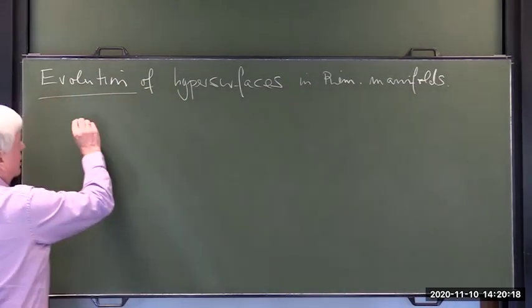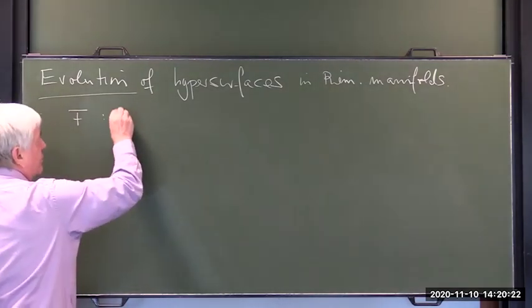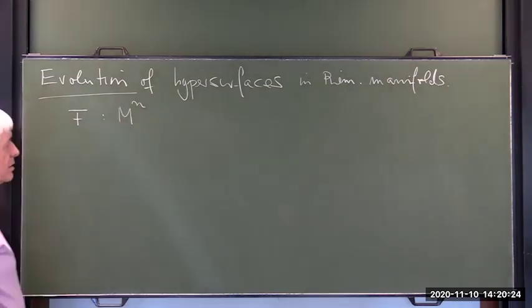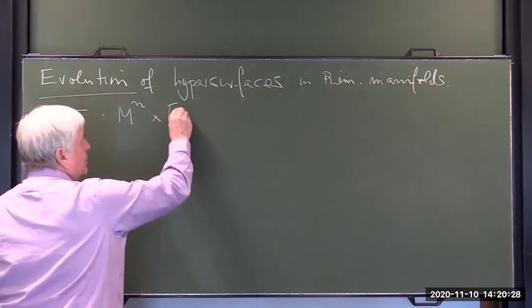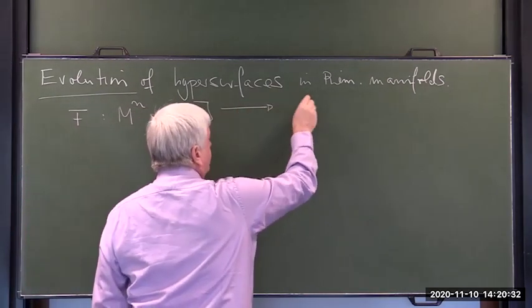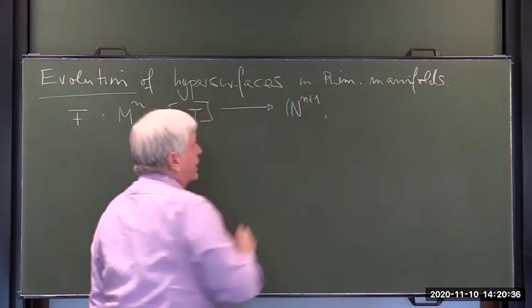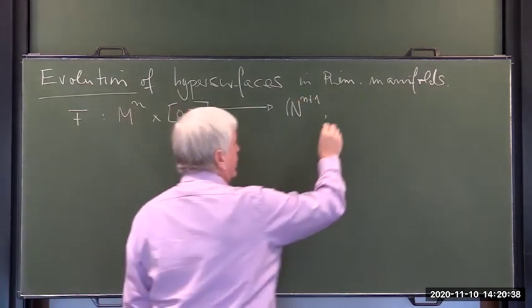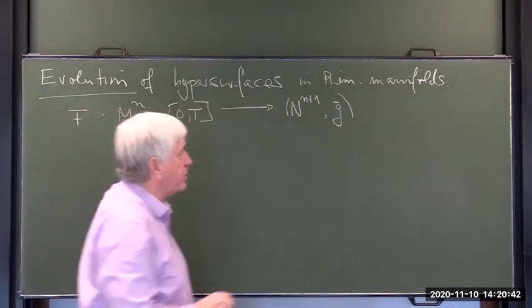So we look at families of mappings from a domain manifold across some time interval into some other smooth Riemannian manifold of one dimension higher with a given smooth Riemannian metric G bar.